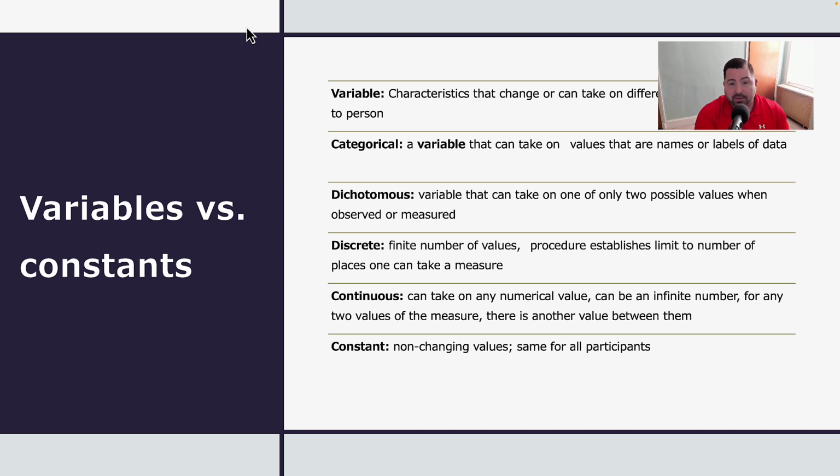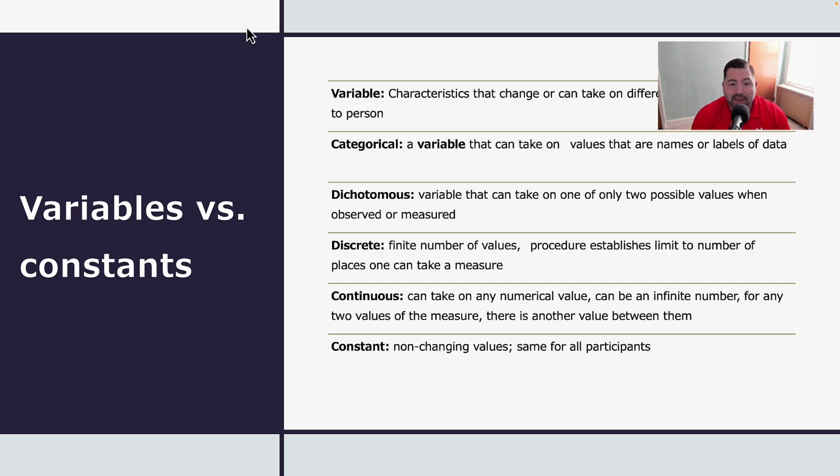So an example of a categorical variable could be things like eye color. Some people have blue eyes, some people have brown eyes, some people have different colored eyes. Same thing with hair color. Some people have one hair color, some people have another hair color. So when we're talking about variables, we're talking about different categories that we can assign or bucket people into in that way.